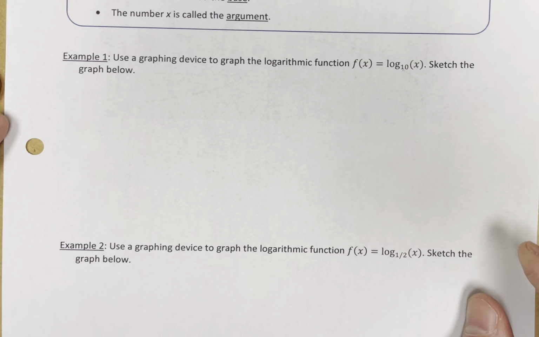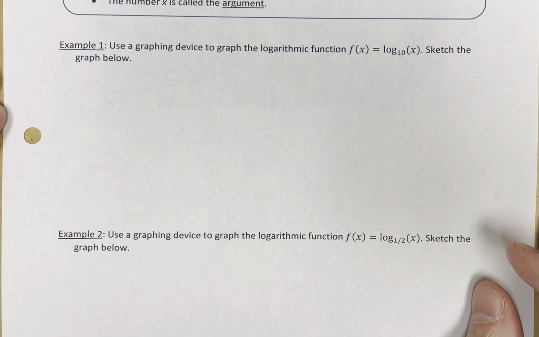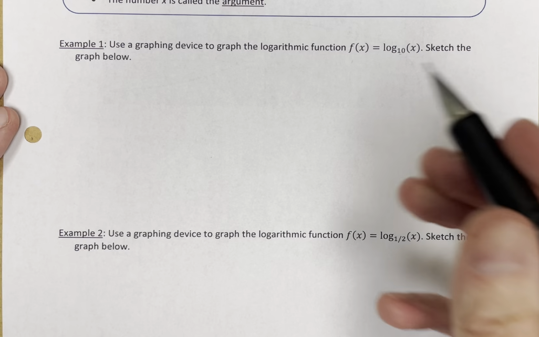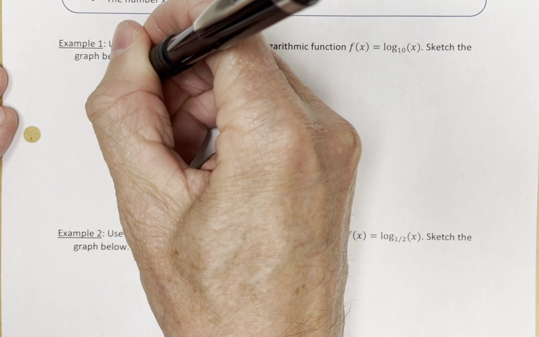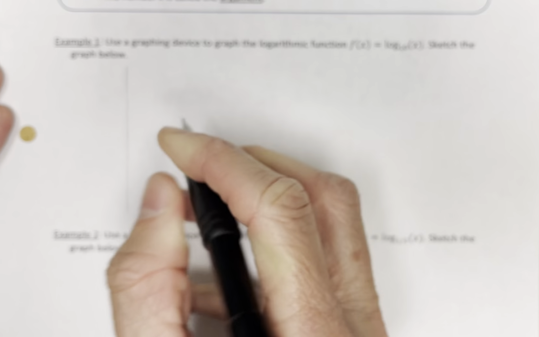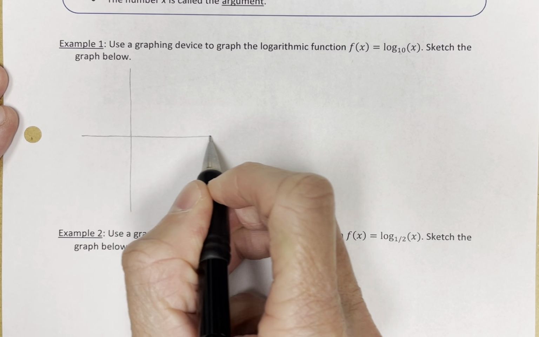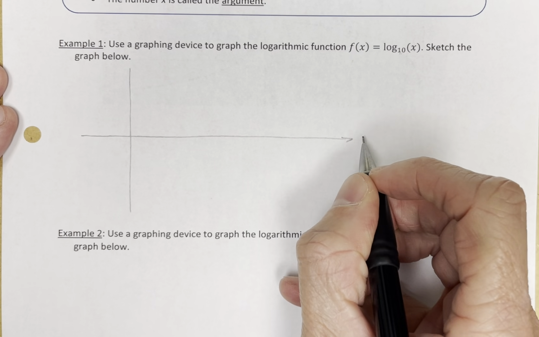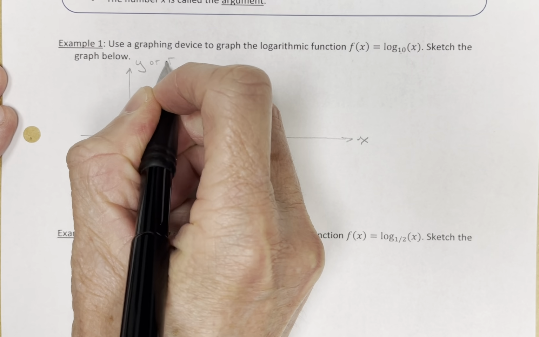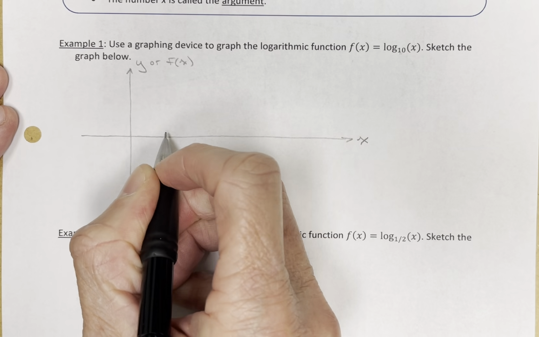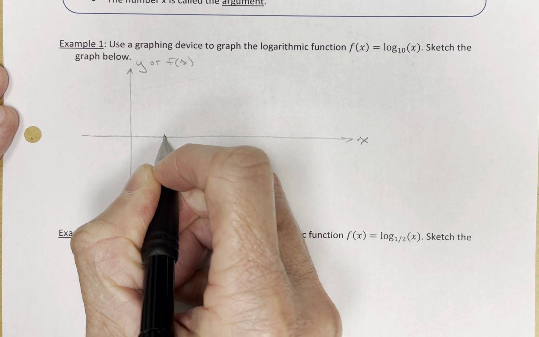So let's put that on our paper. We were dealing in quadrants 1 and 4. So I'm going to draw my graph like this. There's my x-axis, and this is my y-axis, or my f of x axis. And we saw that it crossed at 1.